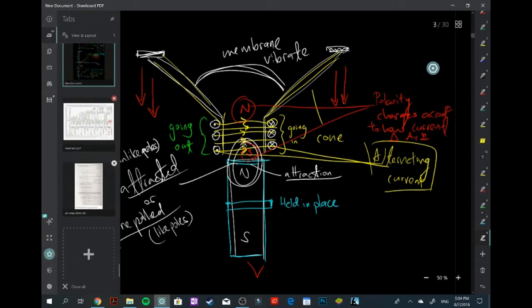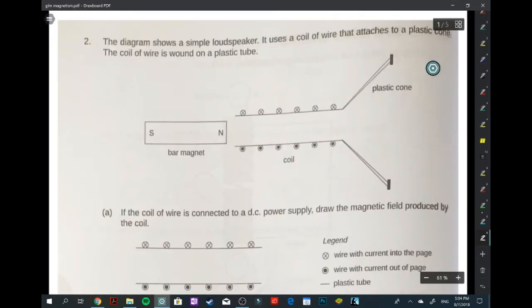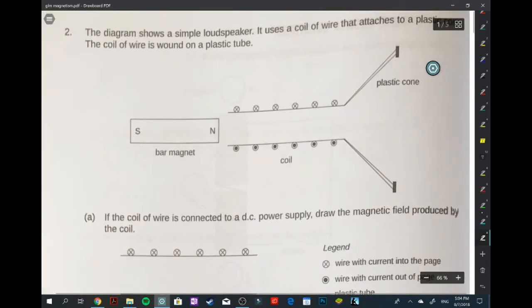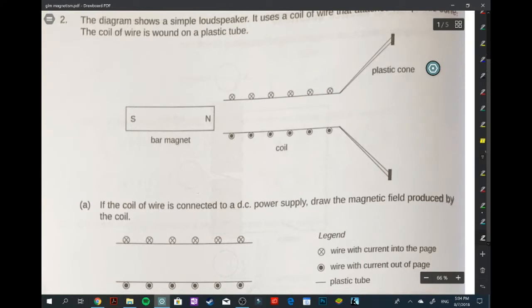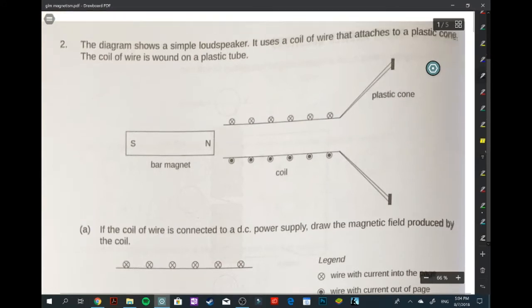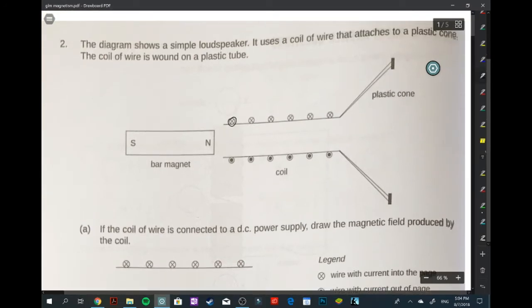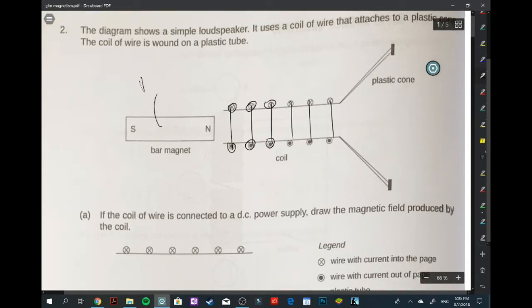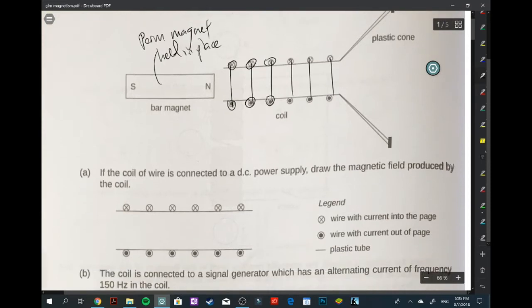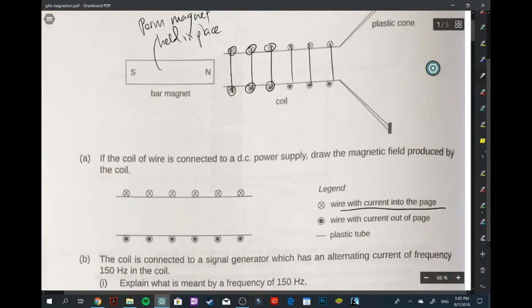Okay, so if we go to the question, over here we have another question. First thing first, we have to identify what the question is talking about. So this is our coil of wire. The wire is strapped around the plastic cone. This is the permanent magnet that's held in place. Over here we have current into page and current out of page.